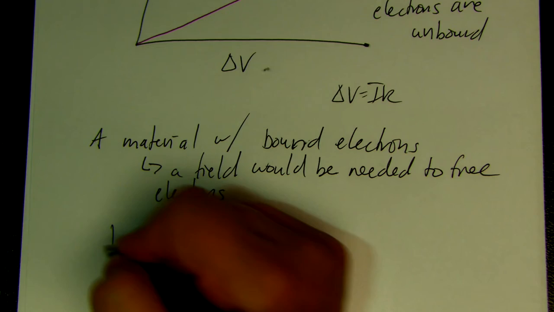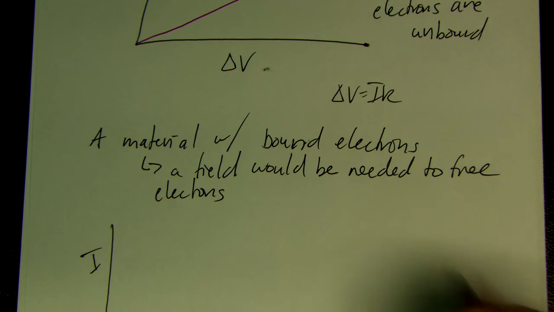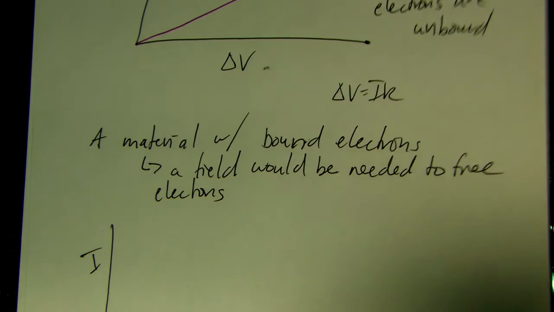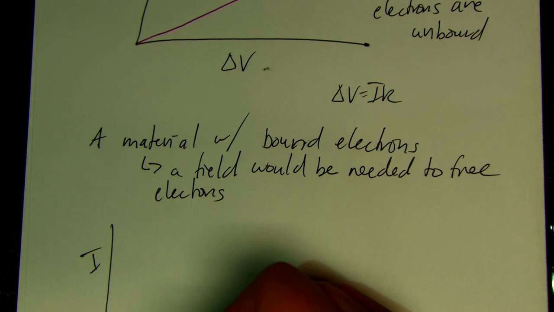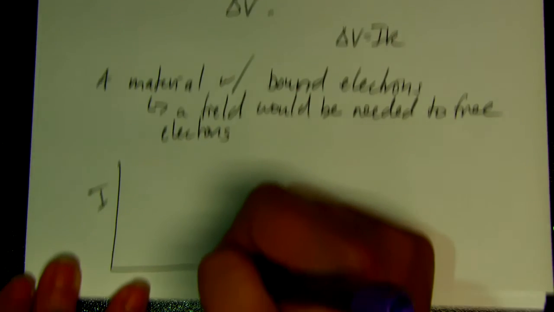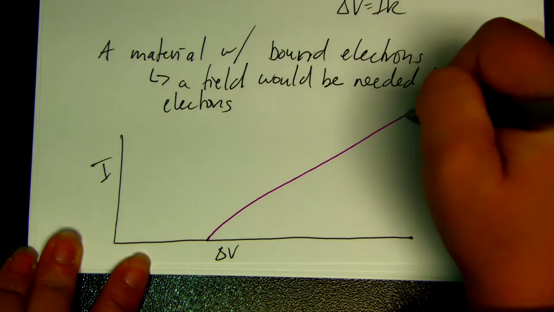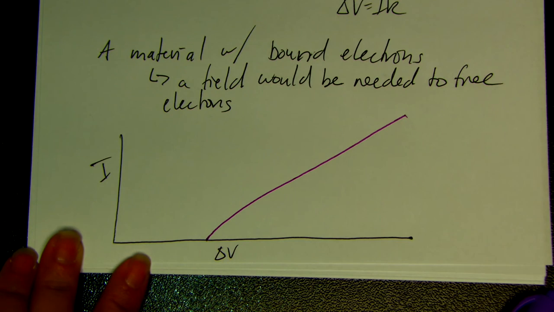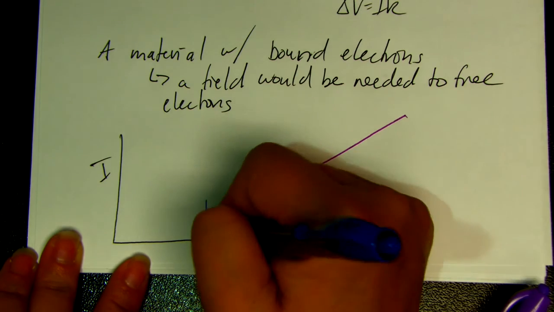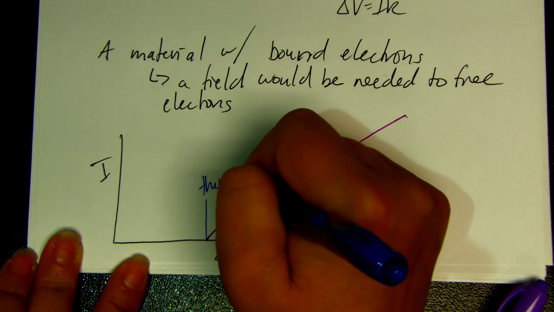So in a case like that, if we look at I versus delta V, you'll increase and increase and increase delta V until you hit a particular threshold. And then all of a sudden, the electrons become unbound, and now you can have current.